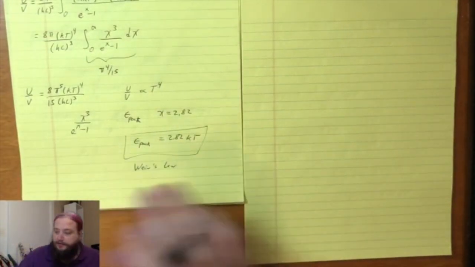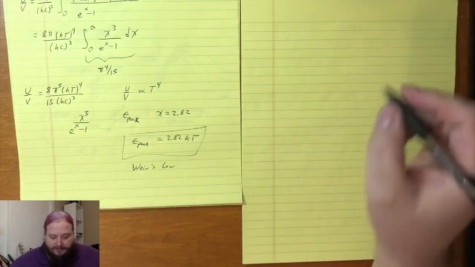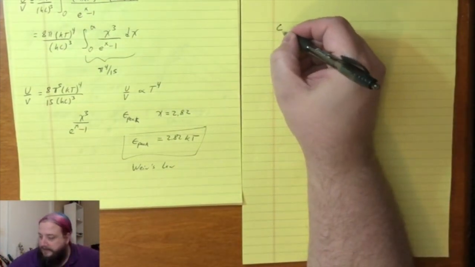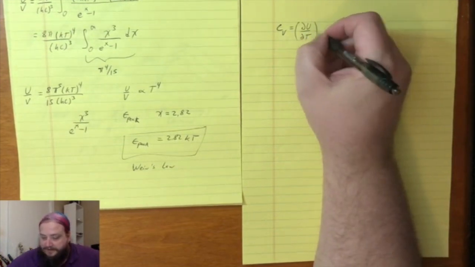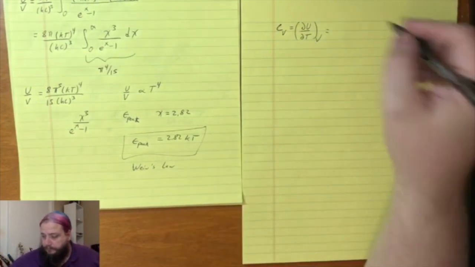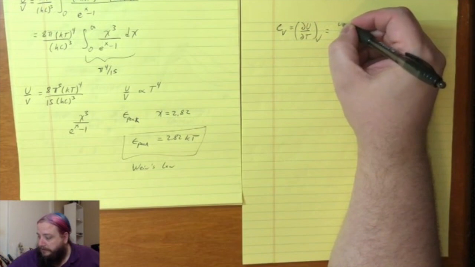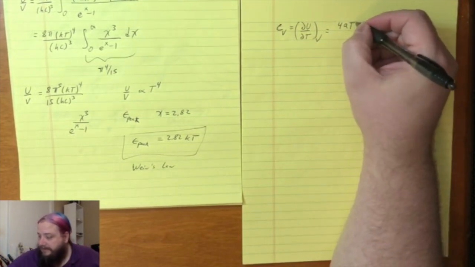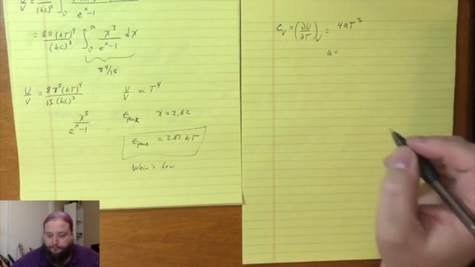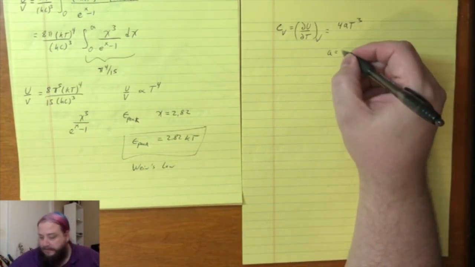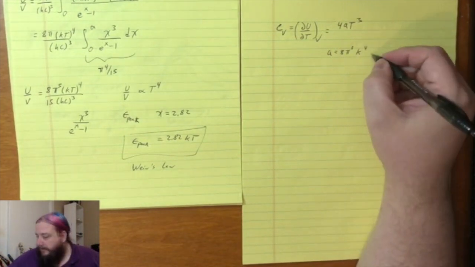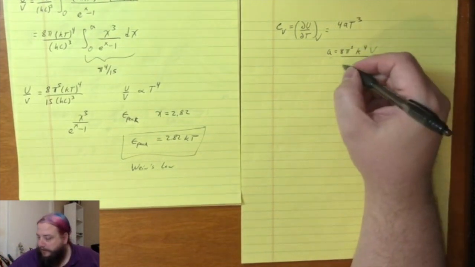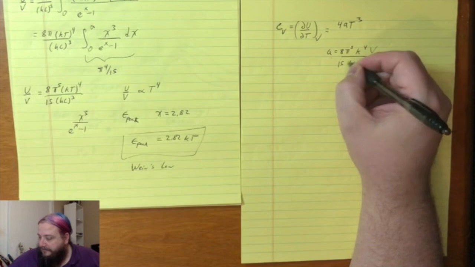Having calculated the energy density, we can also calculate the heat capacity, which is dU/dT, holding volume constant, which is just 4aT cubed, where a is 8 pi to the 5th k to the 4th times our volume over 15 (hc) cubed.